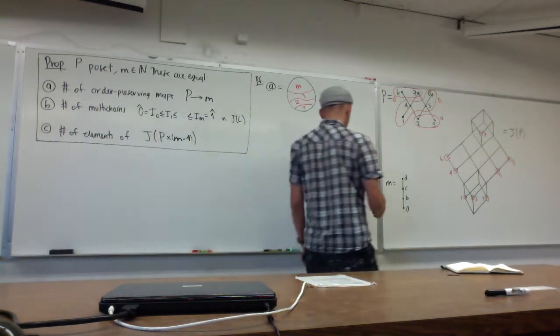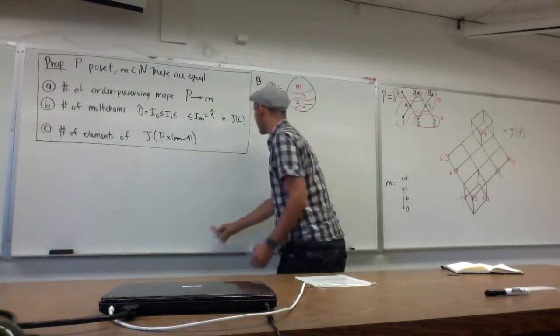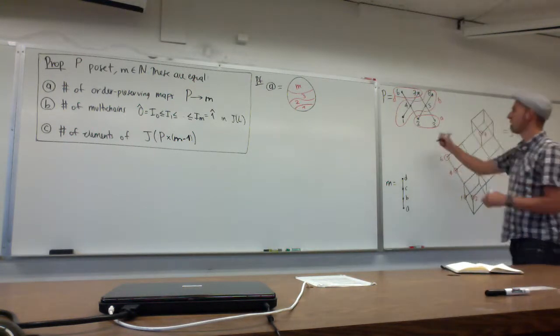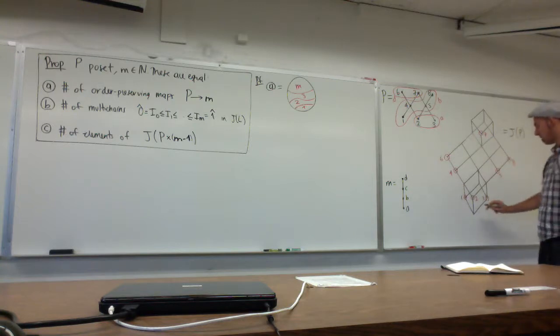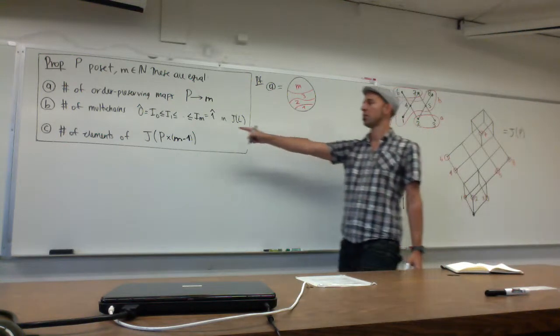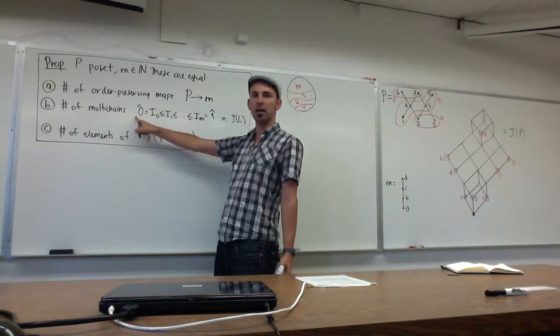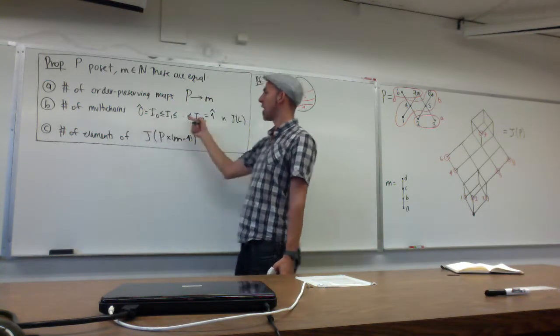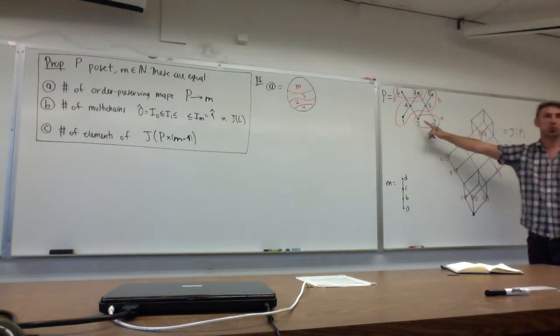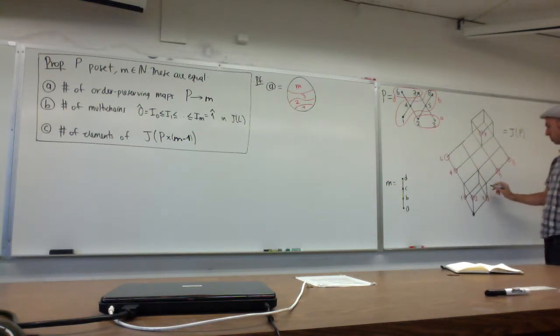Now, this very naturally corresponds to a chain over here. Start with the empty order ideal. The first one has to be empty, and then I need to go up by order ideals. The first order ideal is 2, 3, which corresponds to this guy right here.